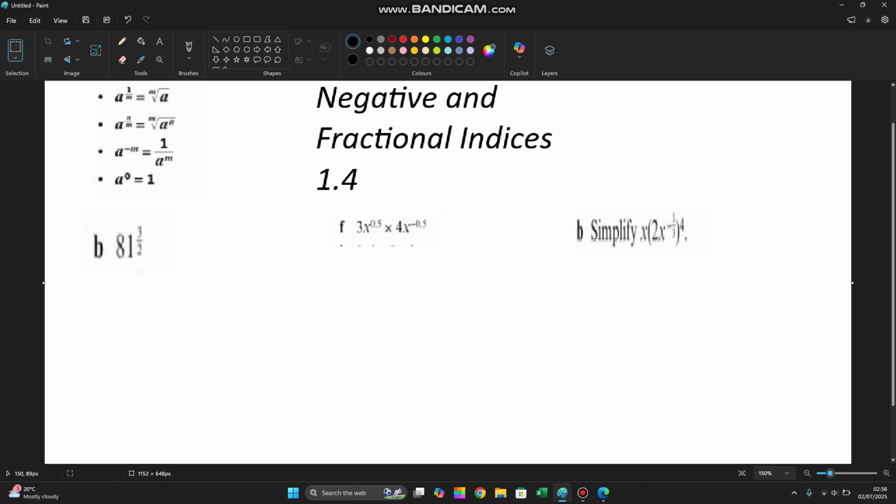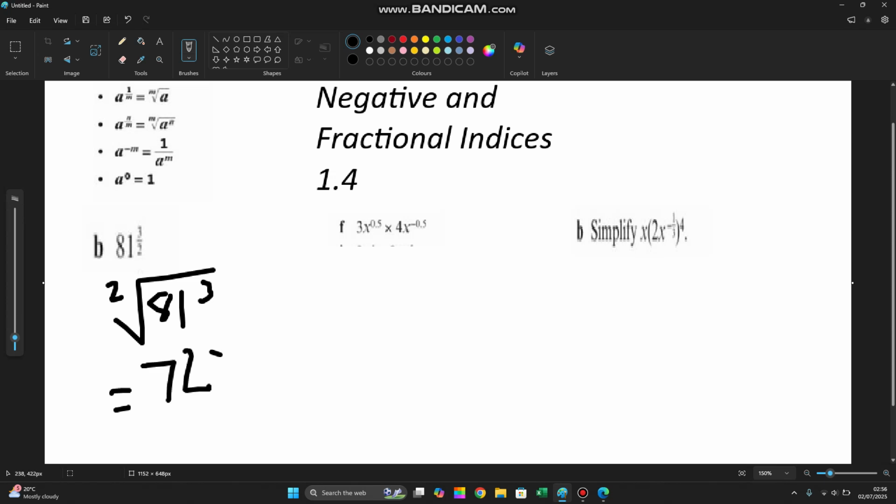So, using this, we can say that the square root of 81 to the 3, we can rewrite it as this. And this will give us 729. And do you want to know how I knew that?